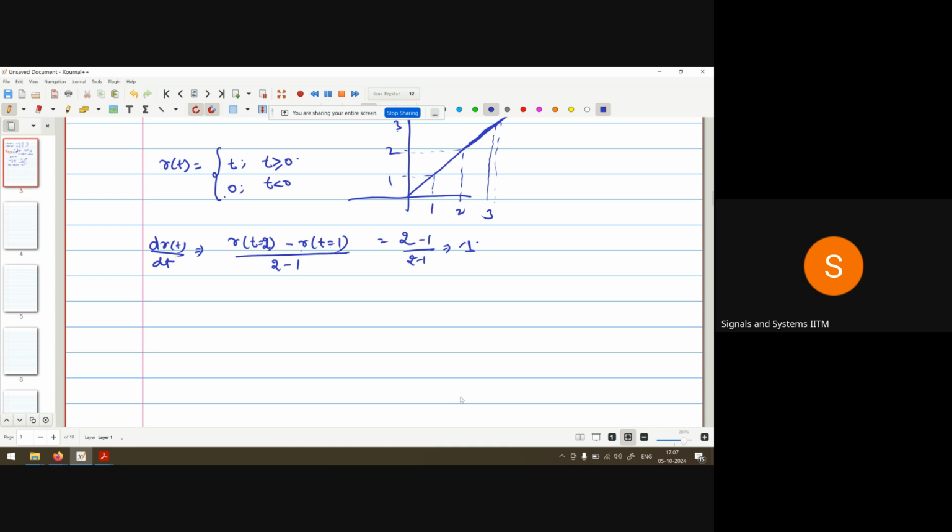Now if I take other points, r of t equal to 3 minus r of t equal to 2 upon 3 minus 2. What is the value of r at t equal to 3? 3. And what is the value of r at t equal to 2? 2. Again it becomes 1. Similarly, if I take the consecutive points and take the differentiation, everywhere the signal is 1.